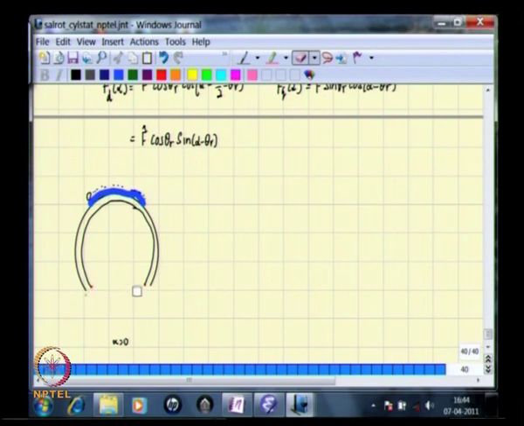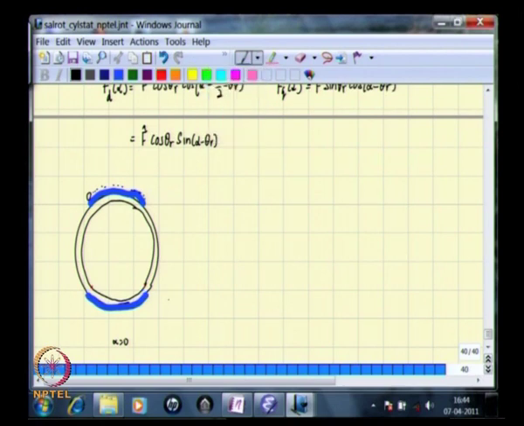So, complete this. Okay. And then we need to draw the phase spread. So, now we are ready.